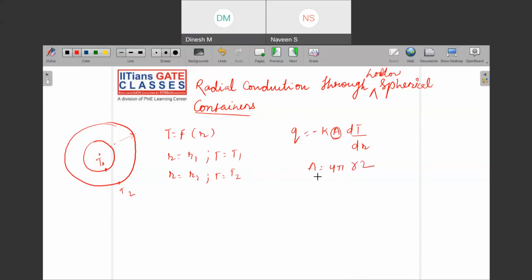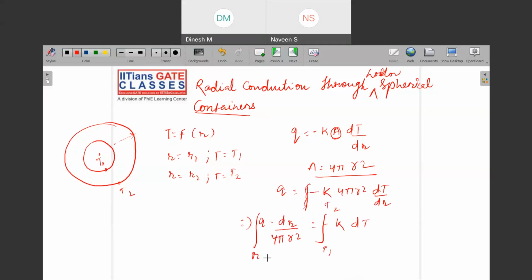Now Q is equal to minus k 4 pi r square dT by dr. Let us separate the variables first. Then Q dr upon 4 pi r square is equal to minus k dT, with temperature limits between T1 and T2, and r varying from R1 to R2.